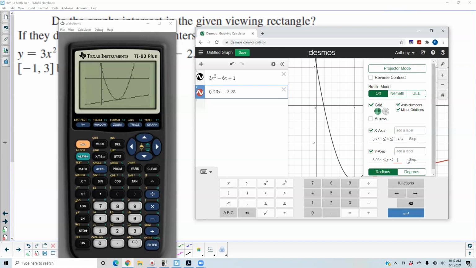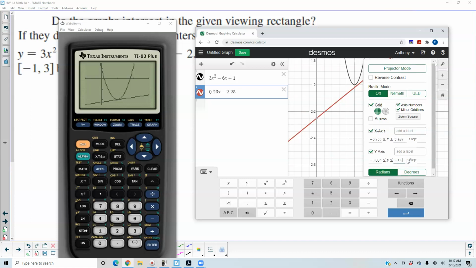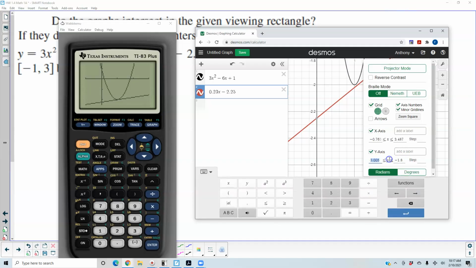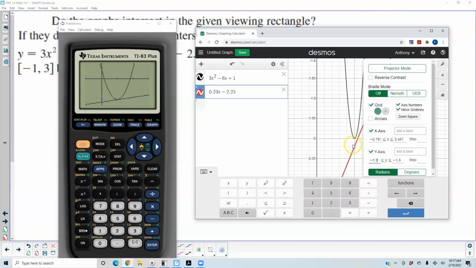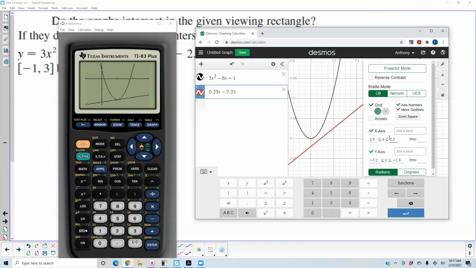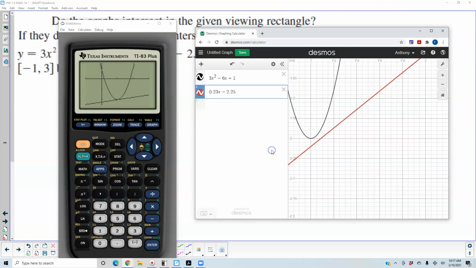So the max is negative 1.8, and we can say that the minimum is around negative 2.2. We can see what's happening here. And then our x's, we can look at 0.8, maybe 2.2. Well, from here, we can see that it does not intersect.